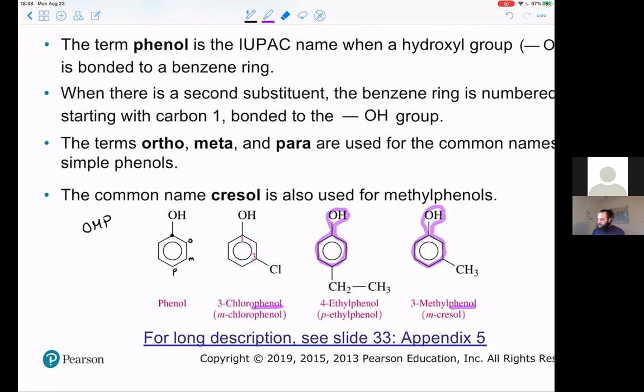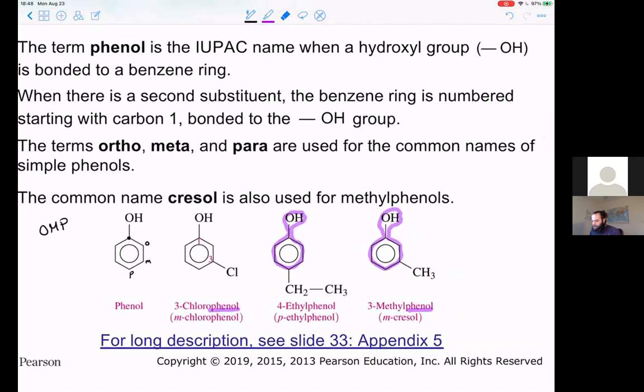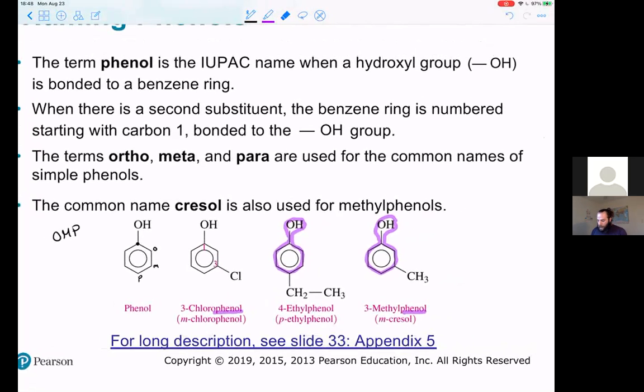Again, this is in the meta position, so this has its own special name, cresol. We're not going to bother trying to memorize all those names of all the special ones. I'm going to focus very much on you knowing this, but I'm going to mention these other names in case we do stumble upon it on an ACS exam or something, so you guys are a little prepared and not completely taken aback.